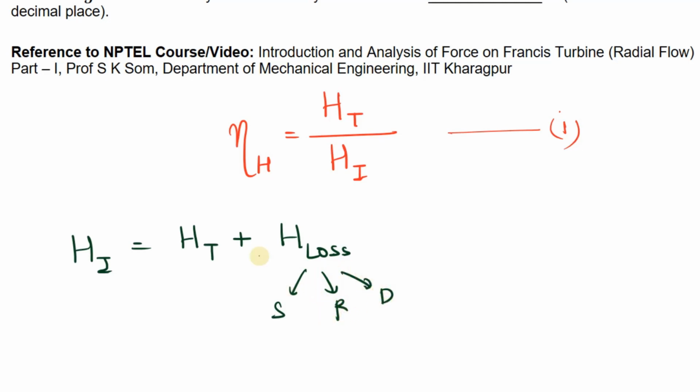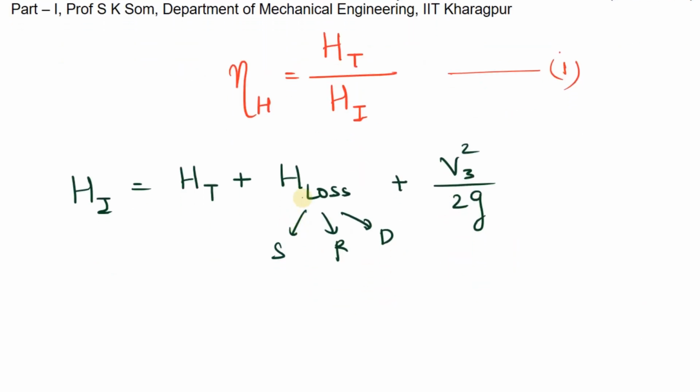So these are all the head losses plus the head at the end of the draft tube, right? So for that, usually the notation is V3, so let's write here V3 square by 2g. And these losses are given to us, the stator, the rotor and the draft tube. So from here we can calculate the HT value because HI is already given in the problem.